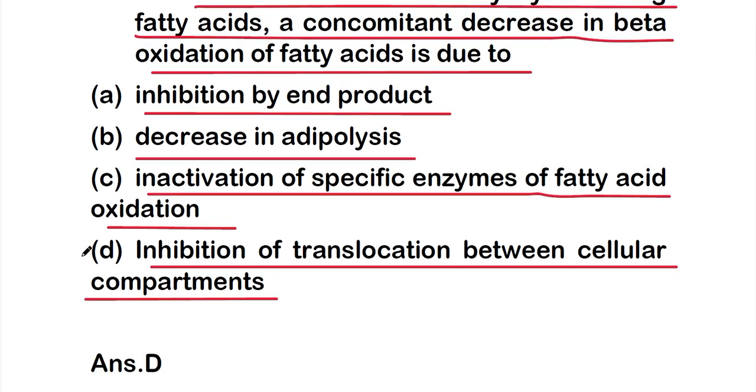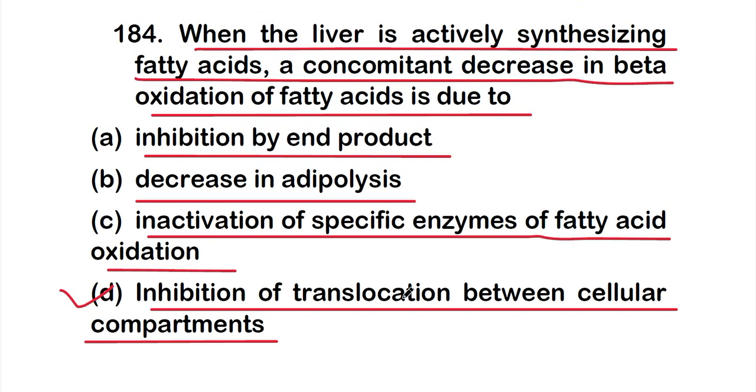So the right one is option D, that is inhibition of translocation between cellular compartments. So when the liver is actively synthesizing fatty acids, a concomitant decrease in beta oxidation of fatty acid is due to inhibition of translocation between cellular compartments.